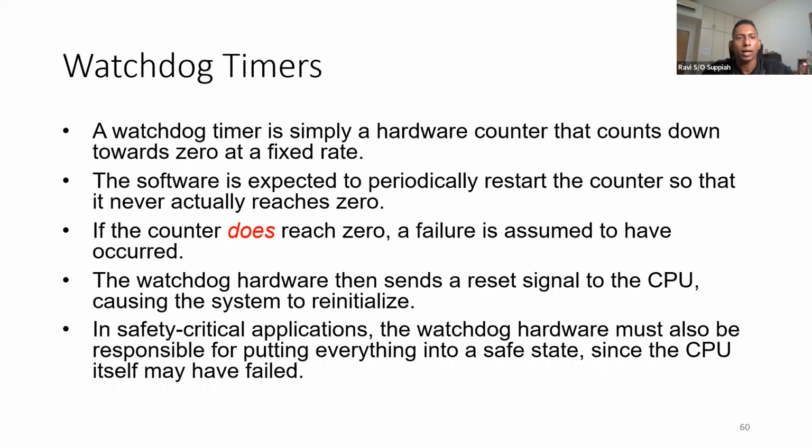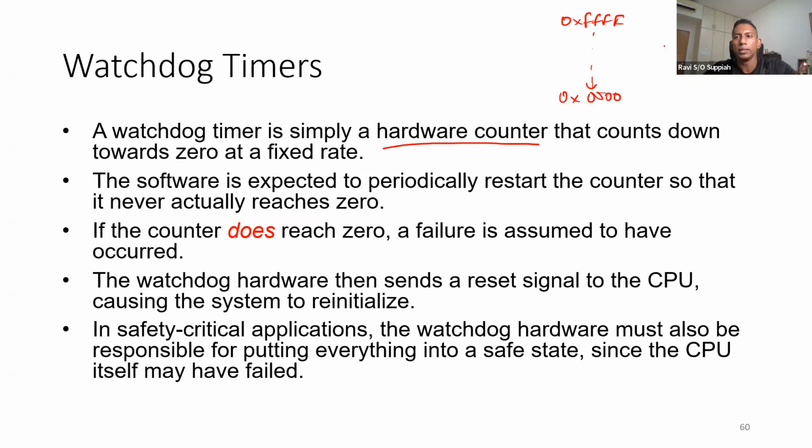So how a watchdog timer works is basically a hardware counter that is designed to count down to 0. You start off at some value, so let's assume a simple value FFFF, and you're supposed to go all the way down to 0. But the idea is you should not reach 0.